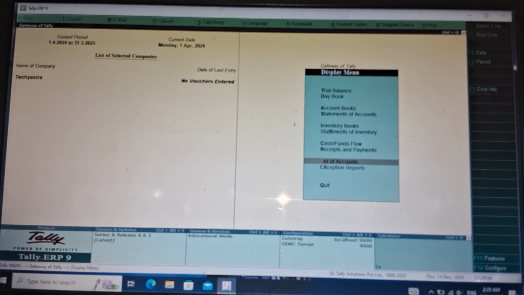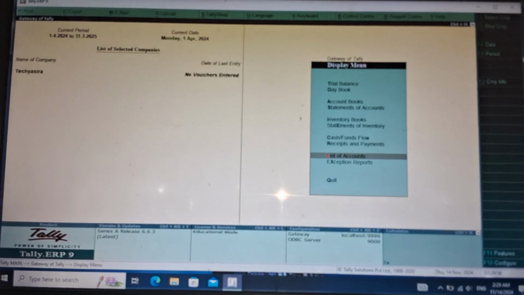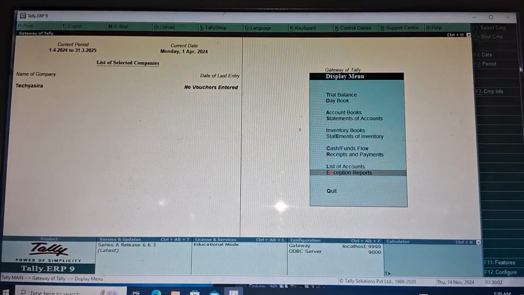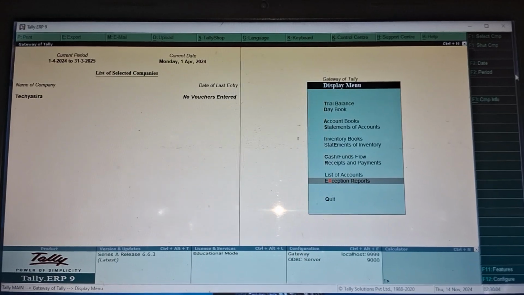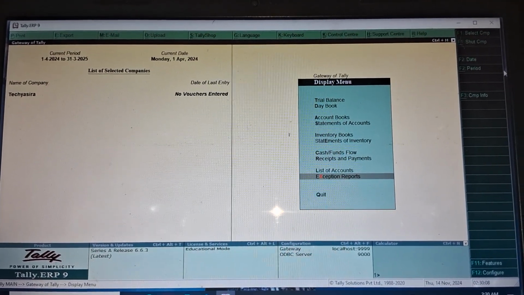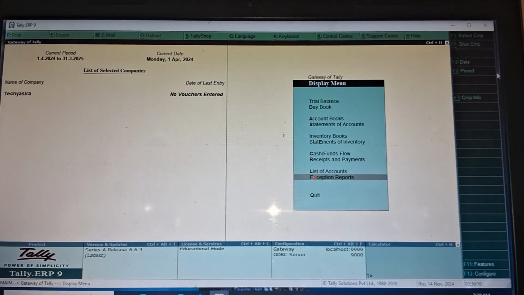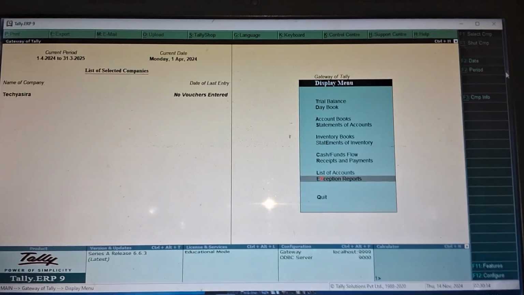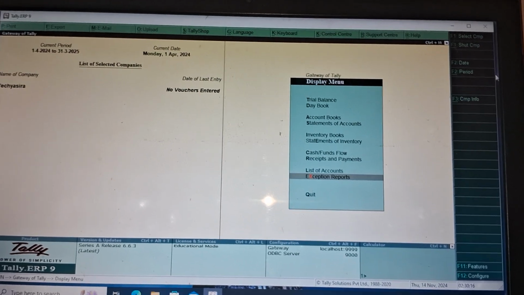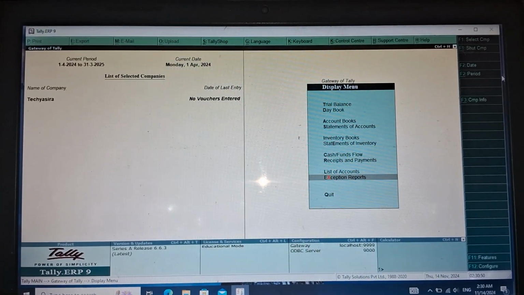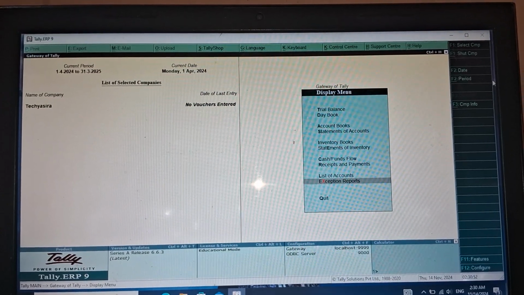This is all simple. So the last option is exception reports. Now I'll tell you about the exception report. It is a document that lists unusual or abnormal circumstances or exceptions that occur within an organization.